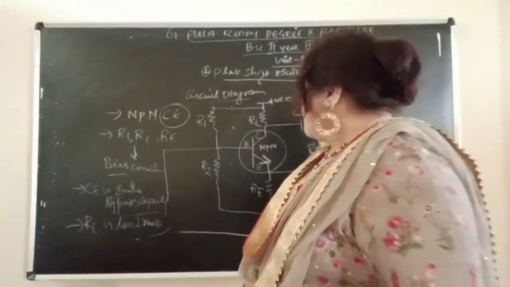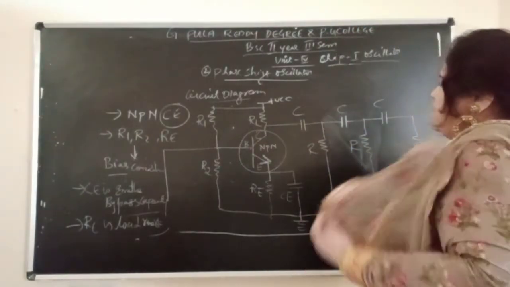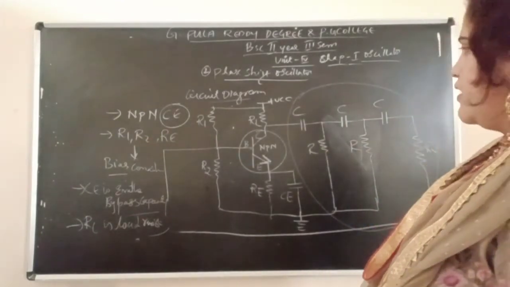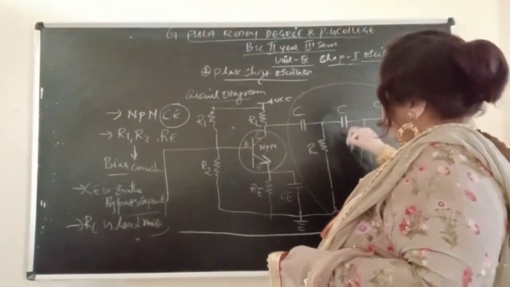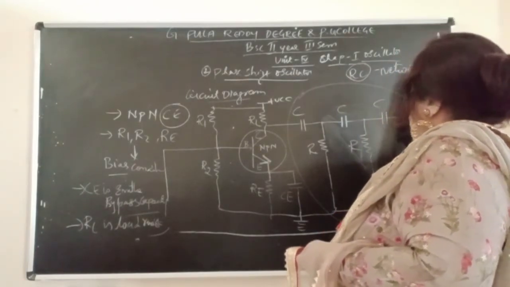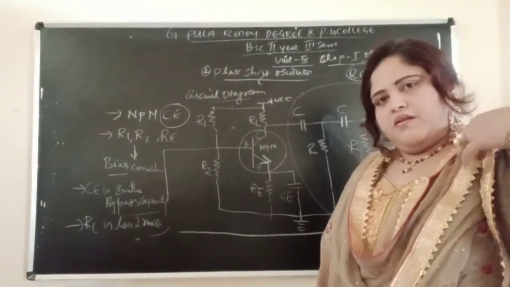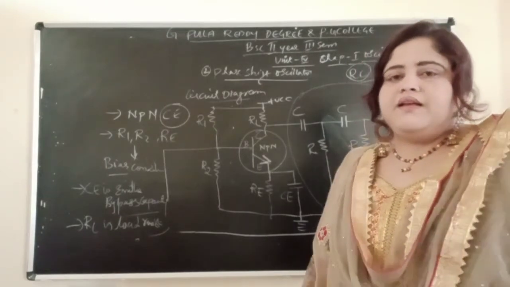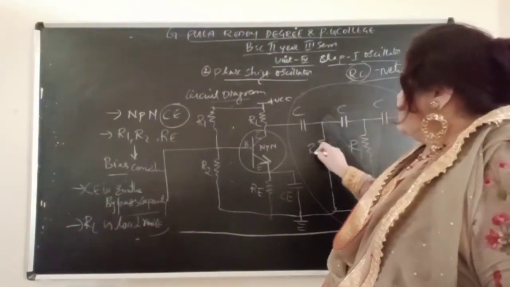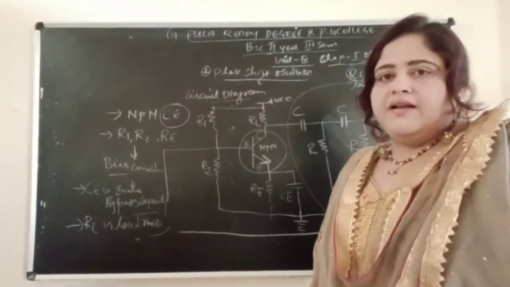Now we should talk about the feedback circuit. What is this feedback circuit? The feedback circuit consists of an RC network, in the form of a ladder network.